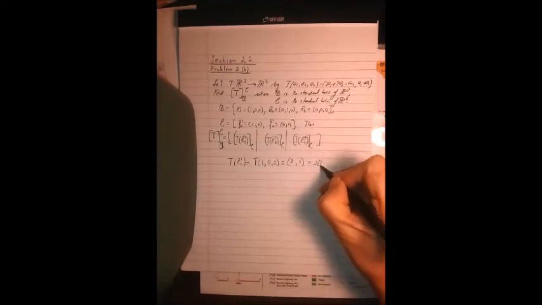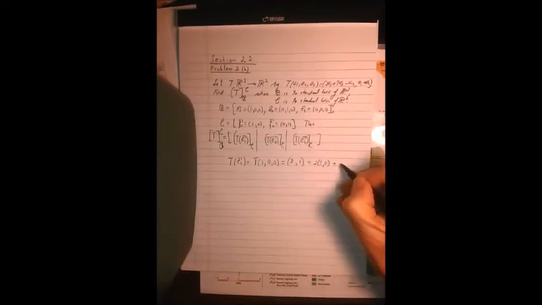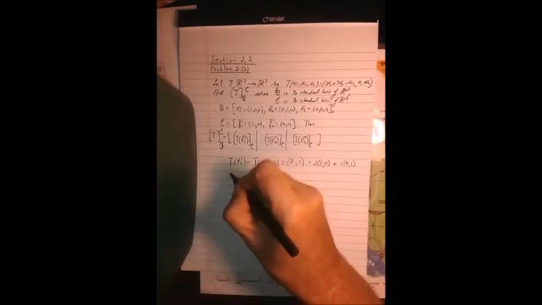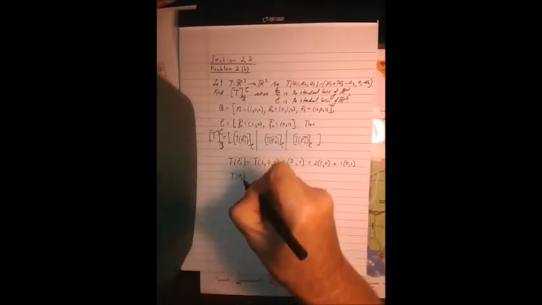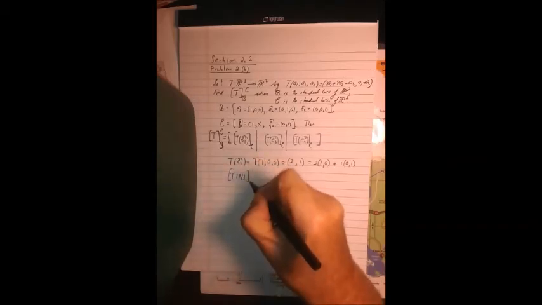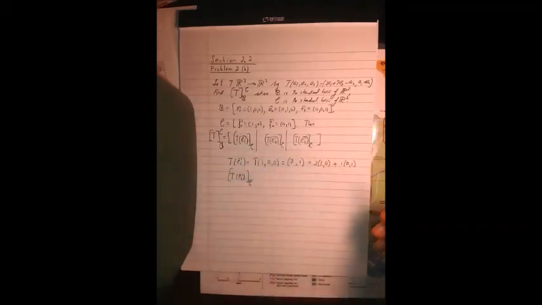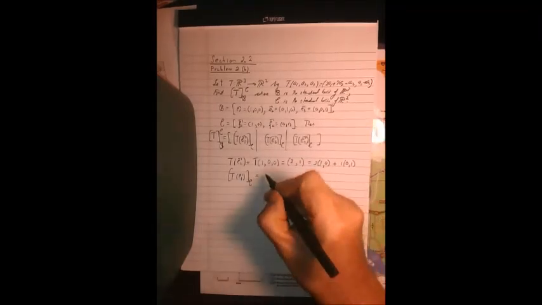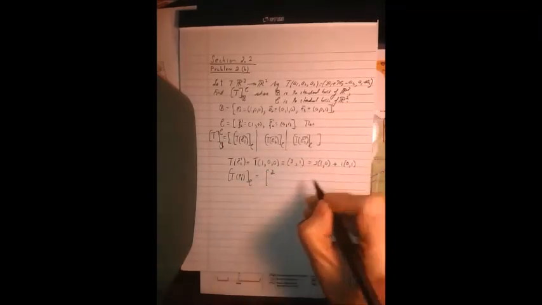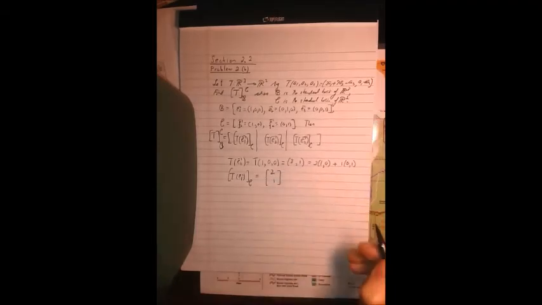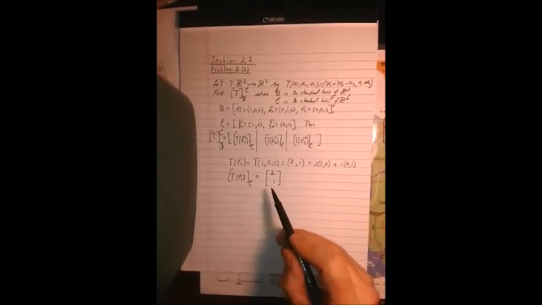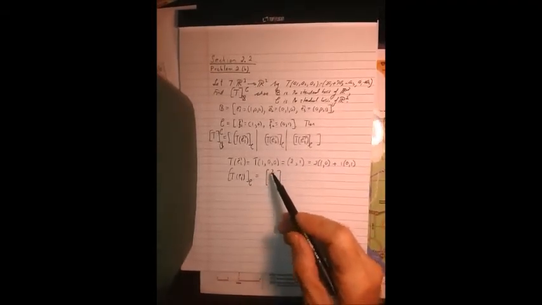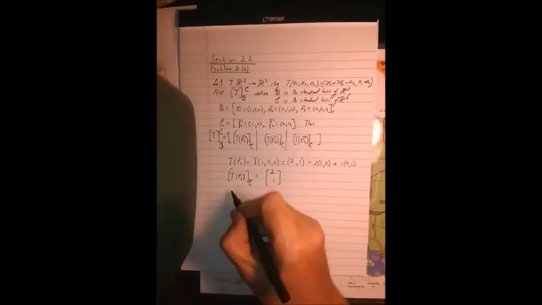This is 2 times (1, 0) plus 1 times (0, 1). And that means the coordinate vector of T of e1 relative to C is 2 in the first component and 1 in the second component. Again, it's important that we write this coordinate vector as a vertical column.